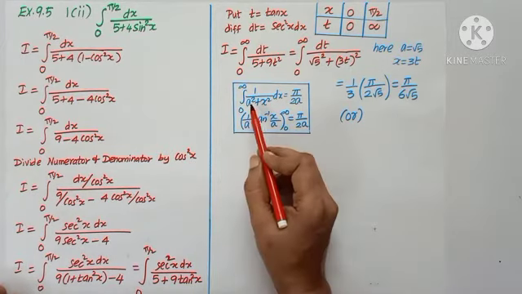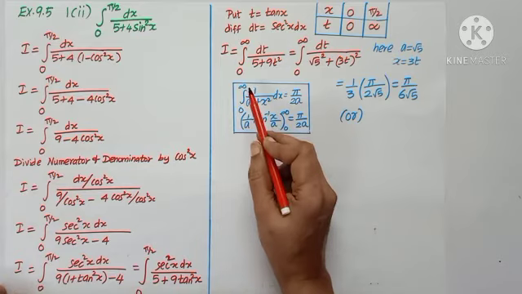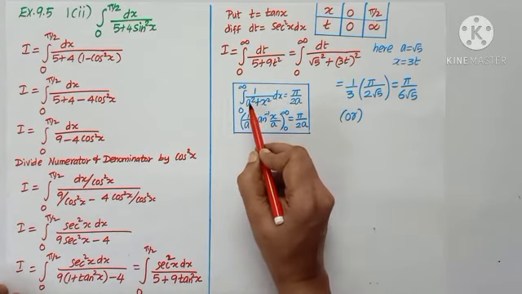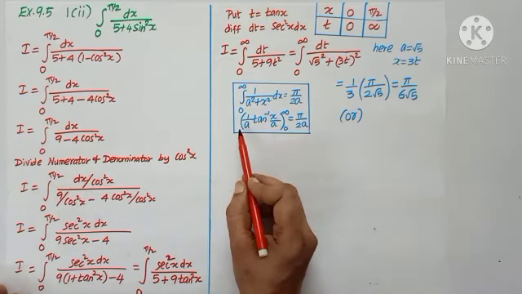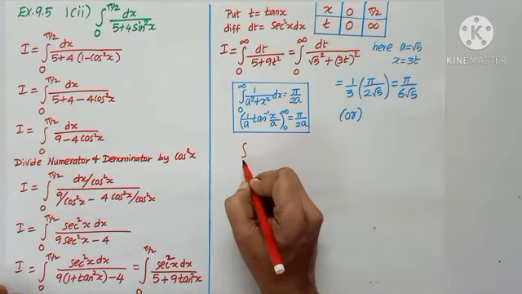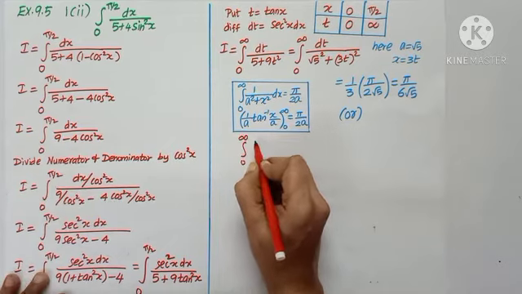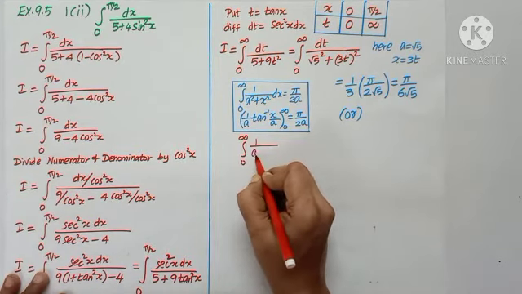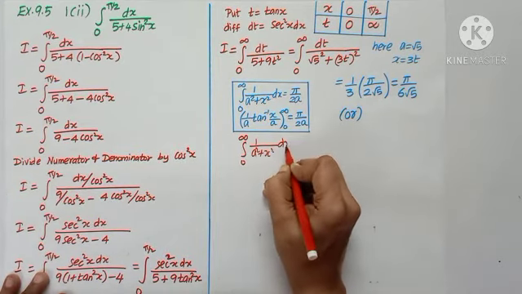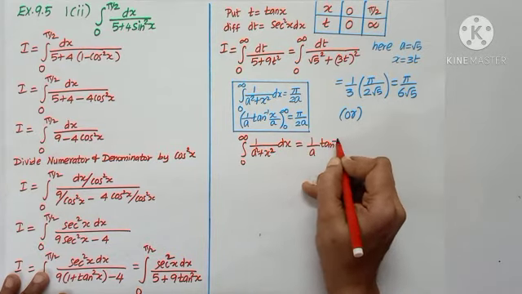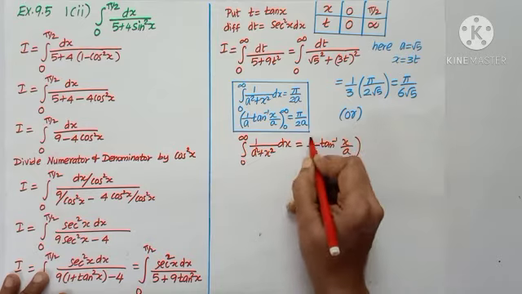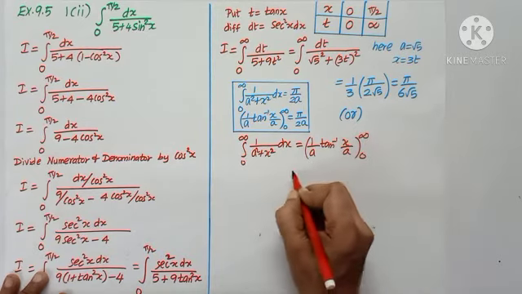Compare it with the formula, integral 0 to infinity 1 by a square plus x square dx. A little before we did integral 0 to infinity 1 by a square plus x square dx, which is 1 by a tan inverse x by a between the limits 0 to infinity.